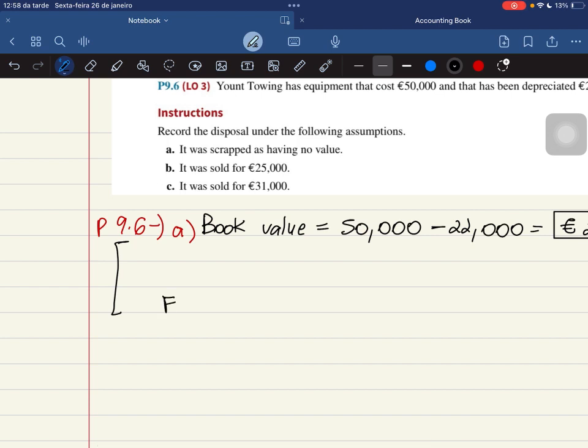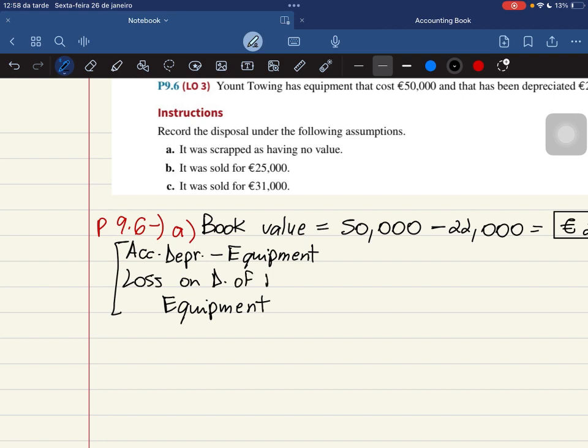So your equipment has to go down because you are scrapping it. You're throwing it away. That's why it is on the credit side. Then over here at the top, you're going to have accumulated depreciation equipment. And over here, you're going to have loss on disposal of plant asset.